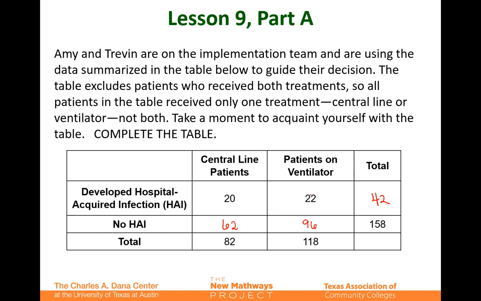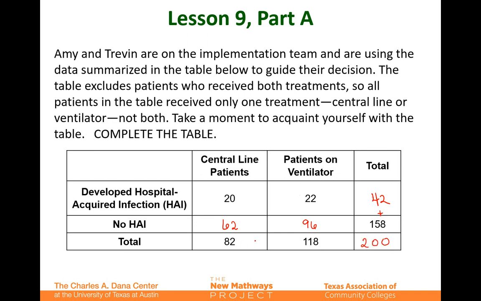So 22 plus 96, there's my 118 ventilator patients. This total should be the same no matter whether I add this vertically. If I do 42 plus 158, that comes out to be 200.